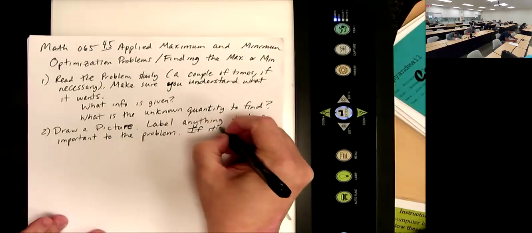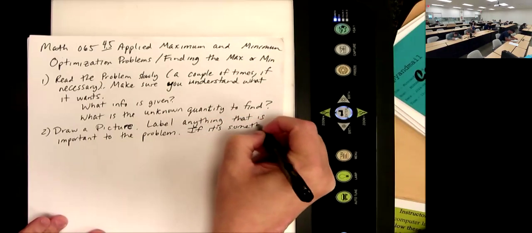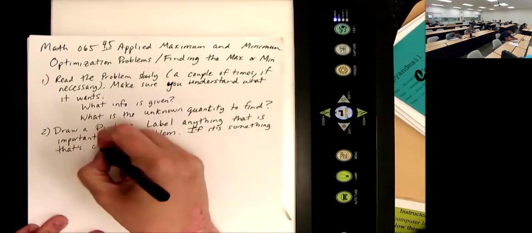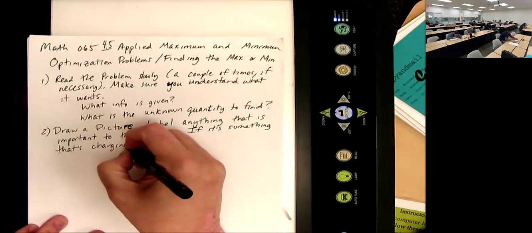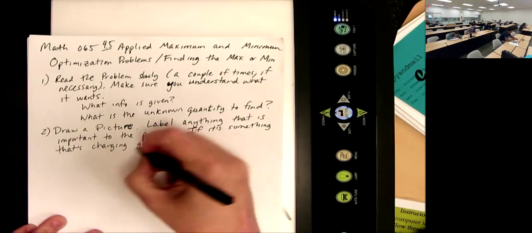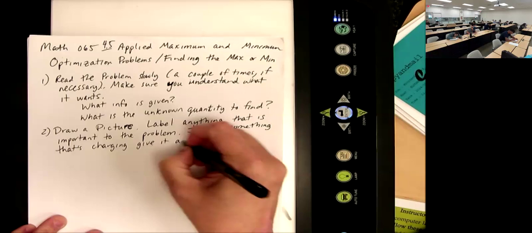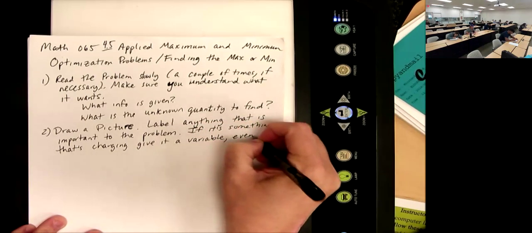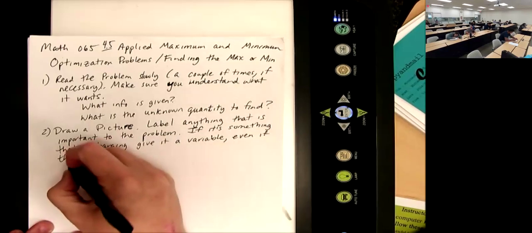If it's something that's changing, give it a variable, even if they give you a value.